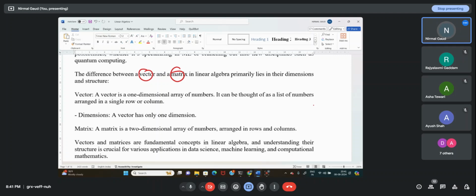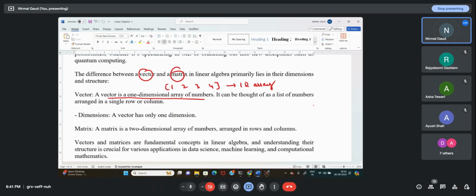A vector is a one dimensional array of numbers. Okay, that's what you have made: 1, 2, 3, 4. This is a one dimensional array. A vector is a 1D array. Always remember.